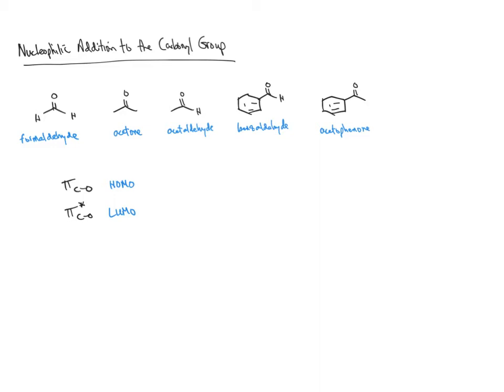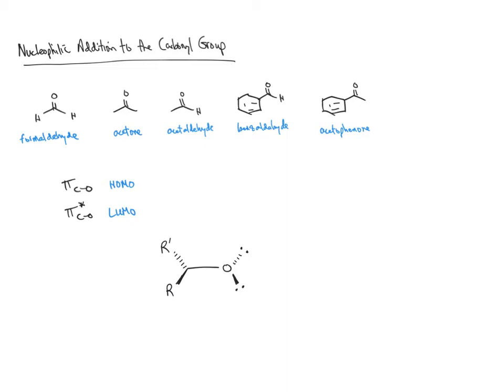So let's take a look at what this would look like. Say we have the barrel of a carbon-oxygen bond like such. We have one R group pointing out towards you and one R group pointing back away from you, which also means that we have two lone pairs pointing back away from you and two lone pairs pointing towards you.